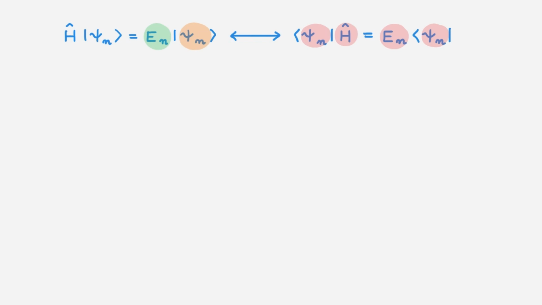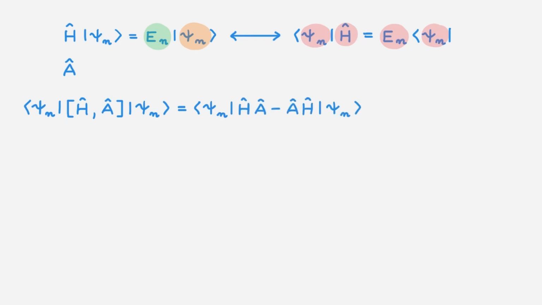Let's also consider a time-independent operator A. We're going to calculate the expectation value of the commutator of H and A with respect to an eigenstate of the system. We can expand the commutator using its definition, and we get this expression. To simplify things, we can now separate it into the expectation value of HA minus the expectation value of AH.